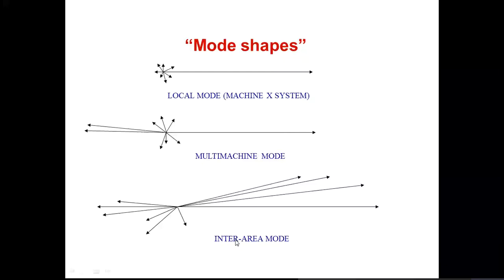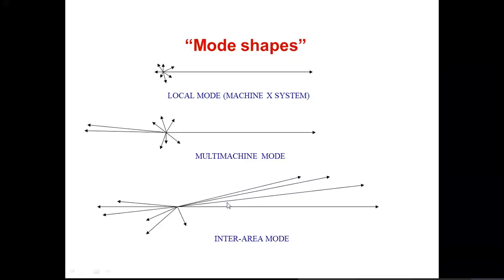Now, with respect to the inter-area mode, you can see that we have one group of generators here, and they will be in oscillation in opposition against another group of generators. So we have one group of generators on this side, another group on this side, and they will be oscillating against each other, because the angular displacement between the generators is about 160 to 180 degrees.